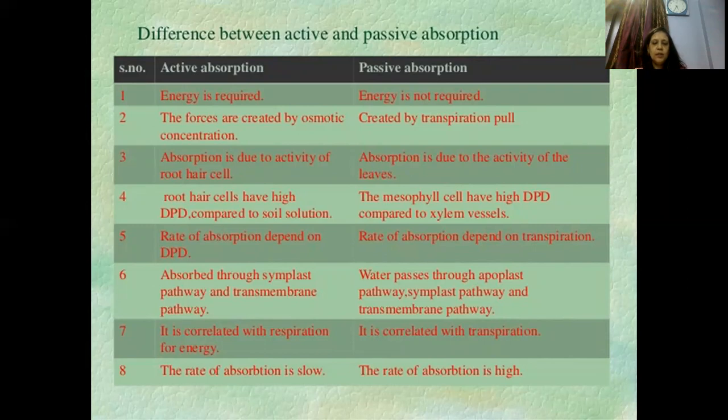This chapter was earlier in the 11th standard. The batch before you had it in 11th standard, which you did not, so now it has been put in 12th for you. The parts that could be asked, till what we did, are the definitions of imbibition, osmosis, diffusion. They could ask you the difference between active and passive absorption.